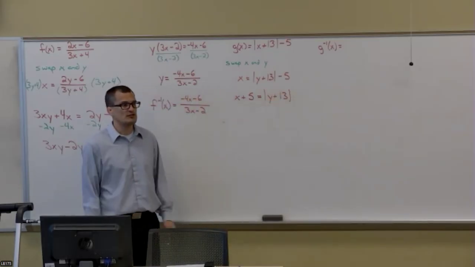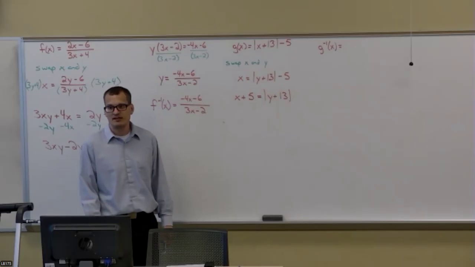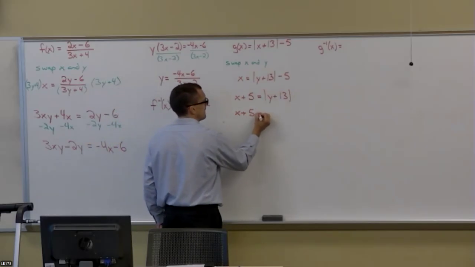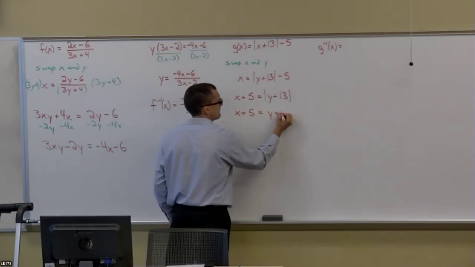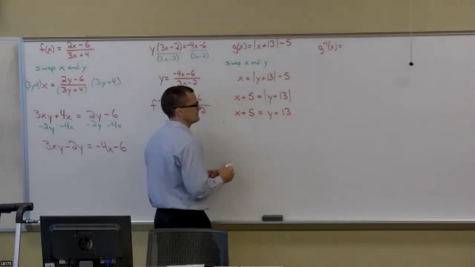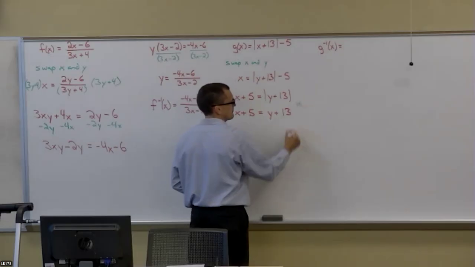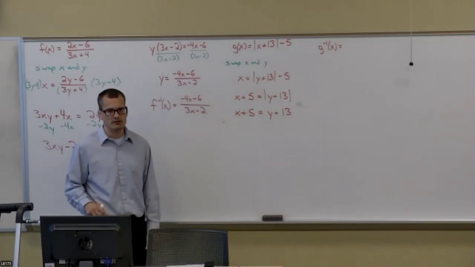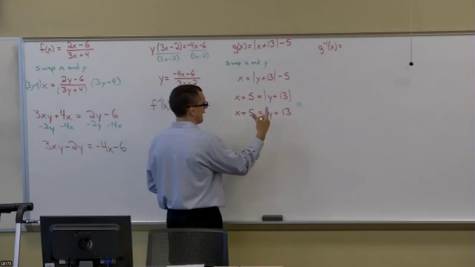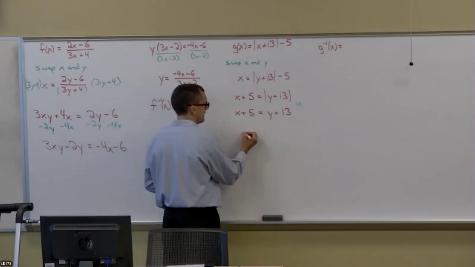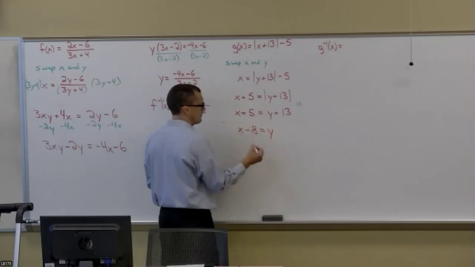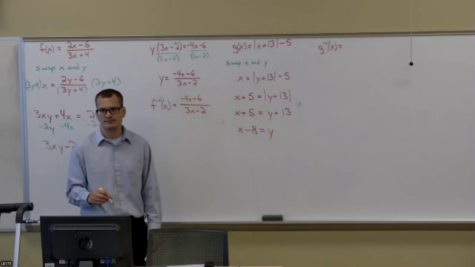We'd say we'll assume everything's positive. If we assume everything is positive, then we can just drop the absolute value sign, and then subtract 13. And we get x minus 8 is equal to y on whatever restricted domain we're on.